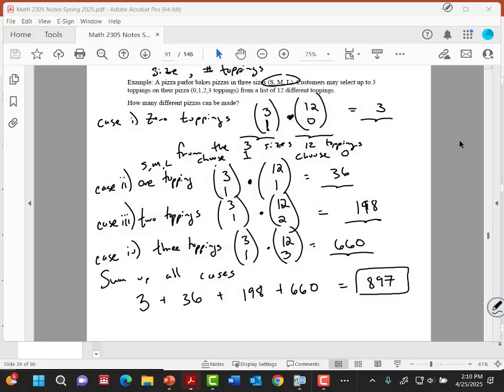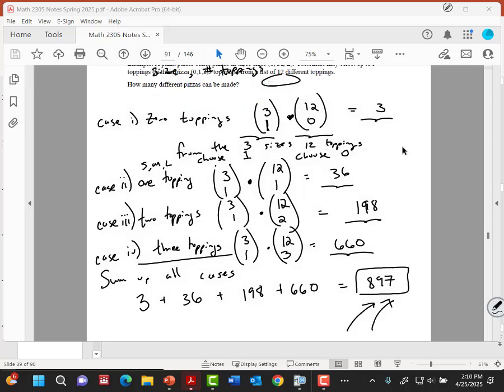So under this format, where I first select the size of the pizza, small, medium, large, and then I select the number of toppings, 0, 1, 2, and I put a cap on it at 3, then there are 897 different combinations, per se, that we could make under this format.